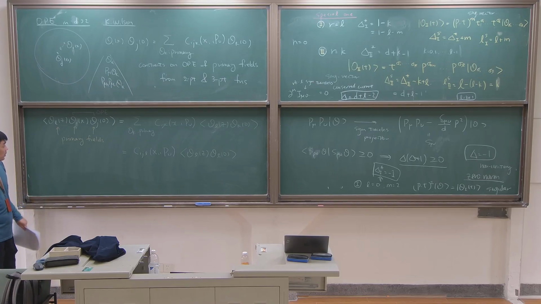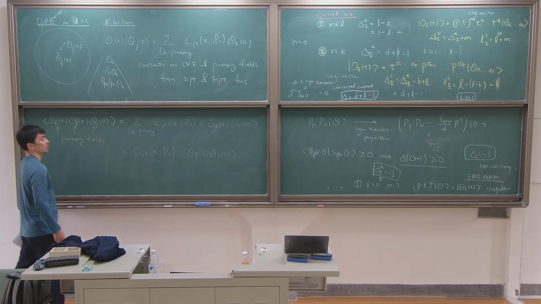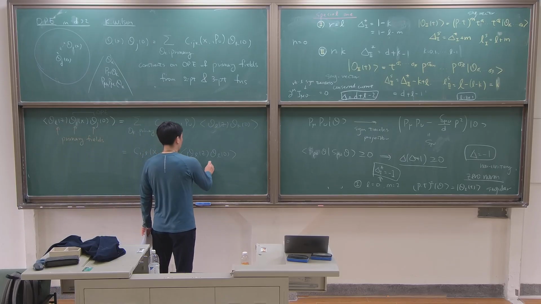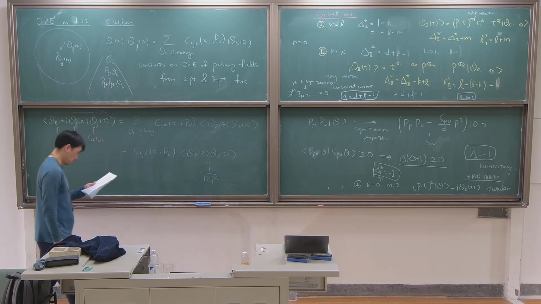However, we know this. This one will take the form of one over 2 times conformal dimension delta.